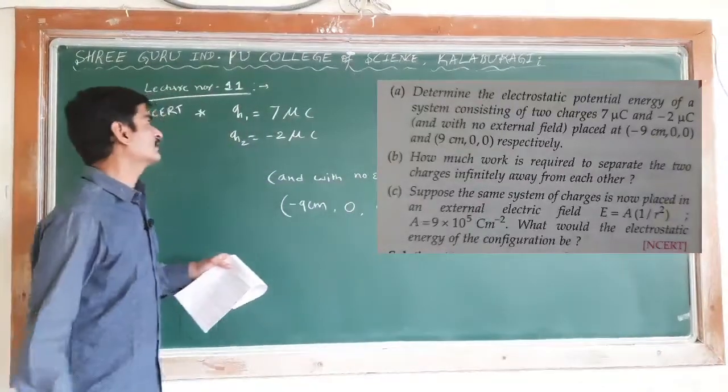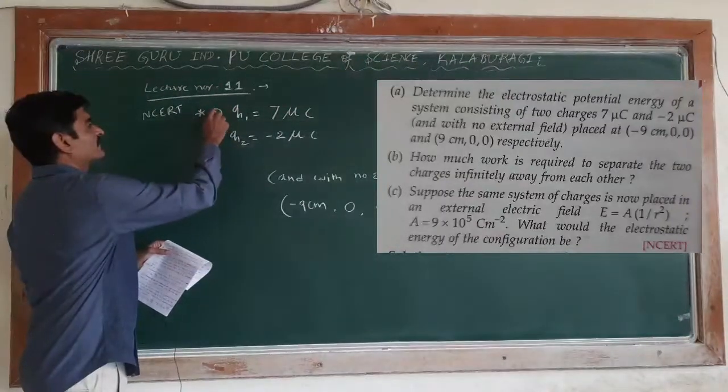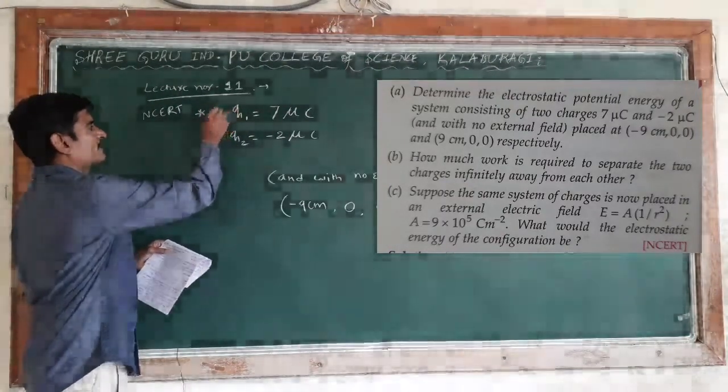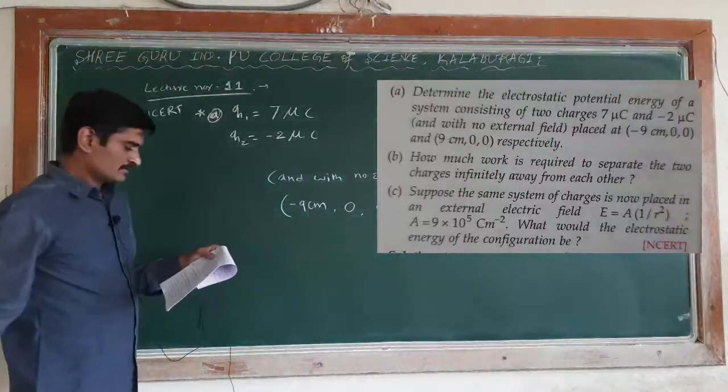Once again I will read. Say this as A. In the beginning you write it as A, I forgot.